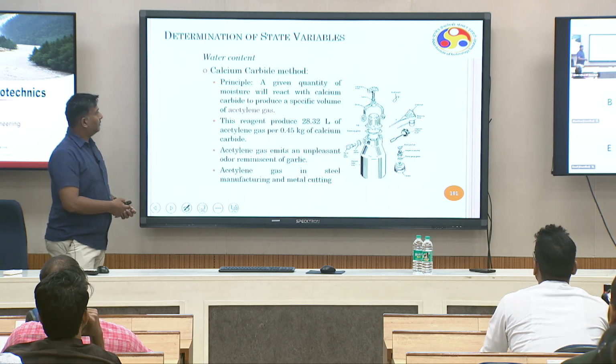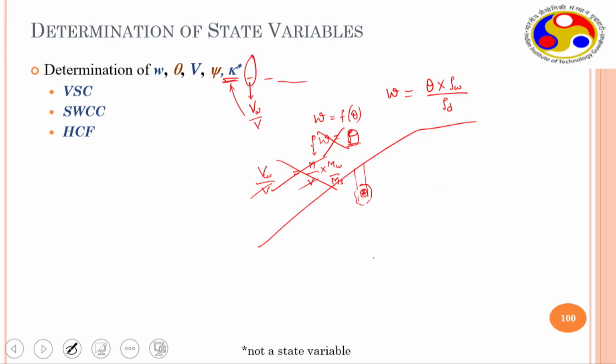So there are three things that we have to determine. One is the soil water characteristic curve, the water retention curve, then the hydraulic conductivity function that Professor Claudia will be describing, and the volumetric shrinkage curve. Yesterday also there was a question on SWCC.